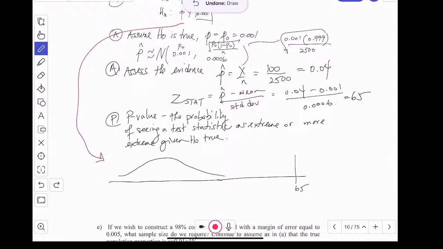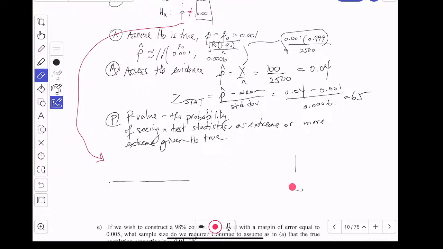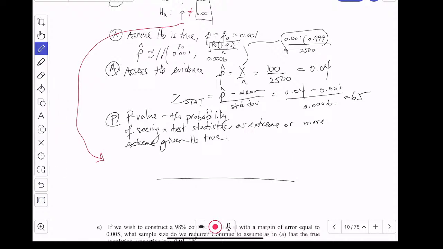This is a terrible thing to draw, but let me do this again, smaller. So 65 is here and negative 65. I plot both the Z stats, the positive one and the negative version of it, and I see what the probability is in the tails.